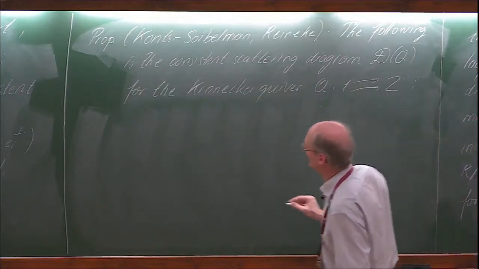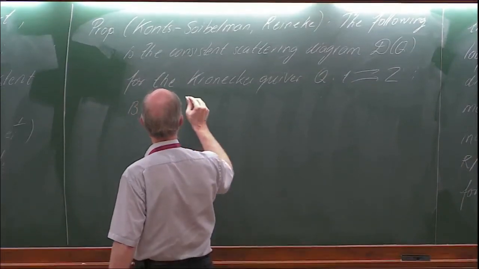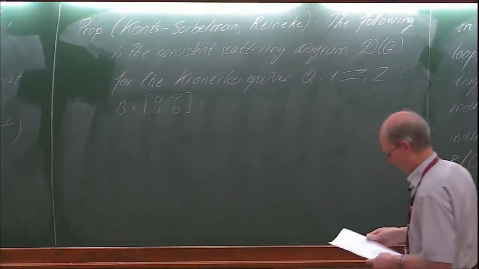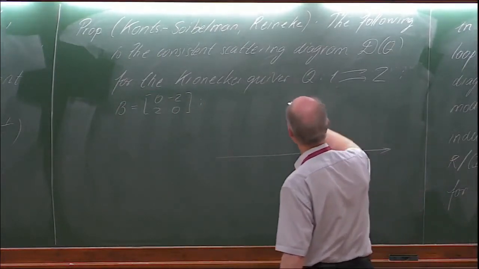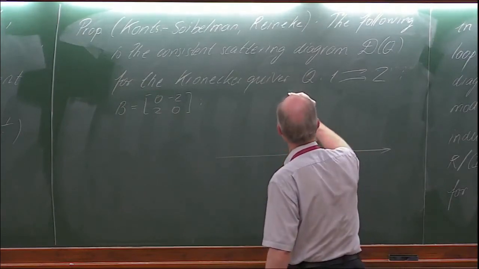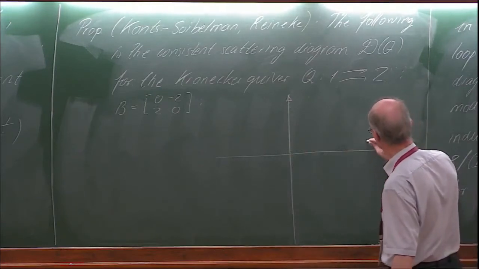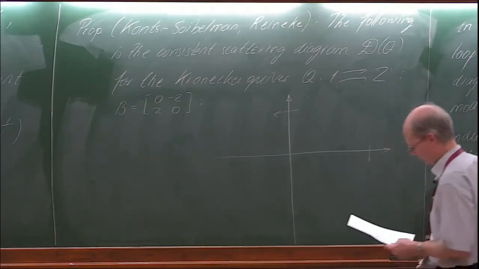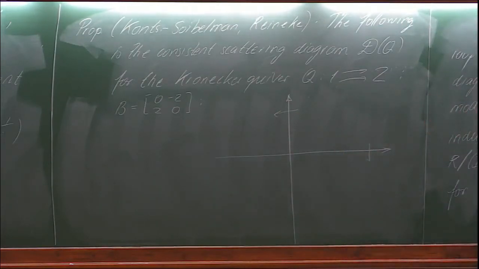Here the matrix is 0, 2, minus 2, 0. It looks like this. We have the coordinate hyperplanes, of course, with the green direction being this one. And let me write down the list of the walls.